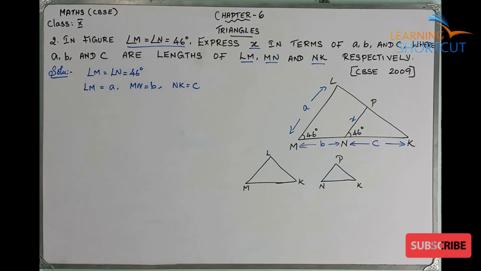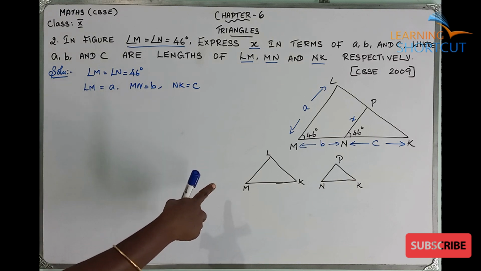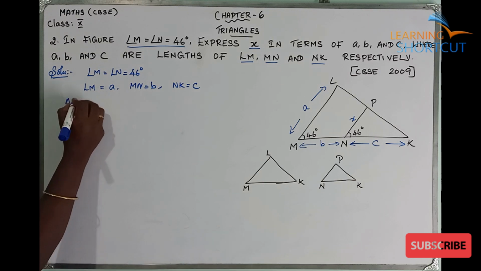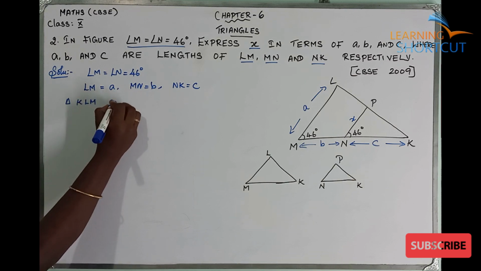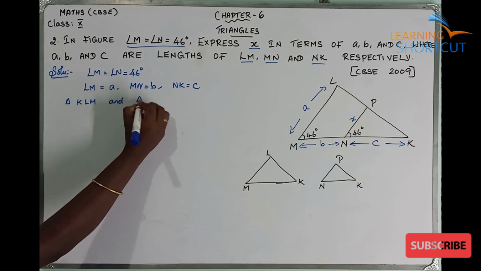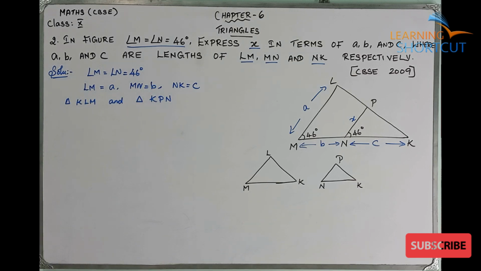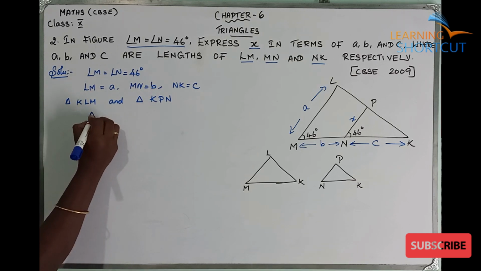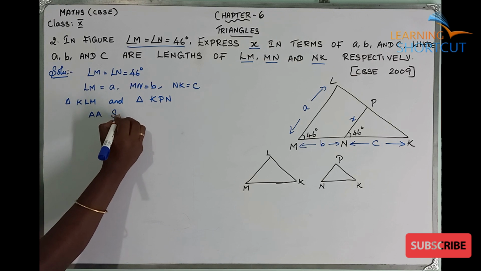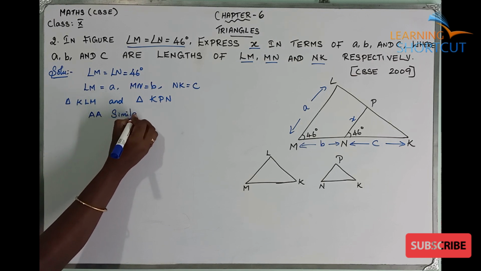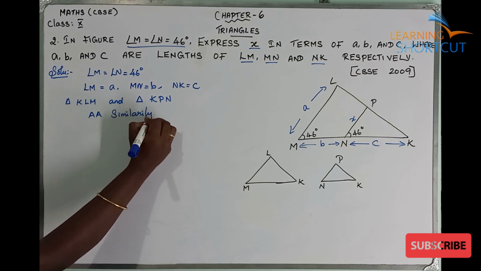Okay. So according to this, triangle KLM and triangle KPN, I have a theorem, that is the AA similarity theorem.